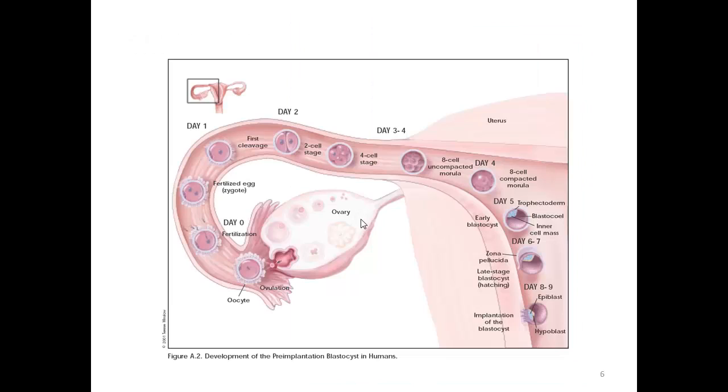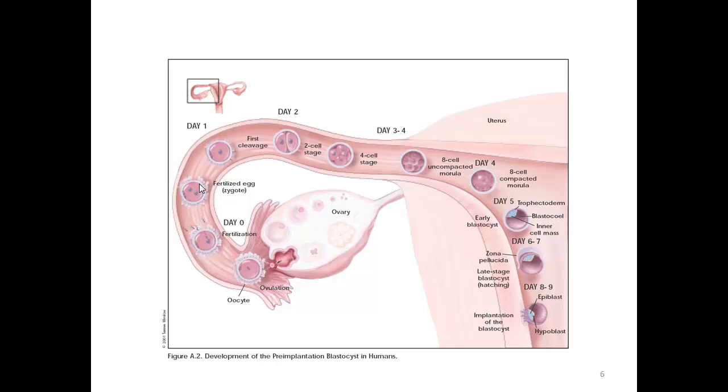And then just to review normal human fertilization, at the time of ovulation, the ovary releases an egg, an oocyte. Sperm have traveled up the fallopian tube, and will fertilize the egg somewhere in the fallopian tube.